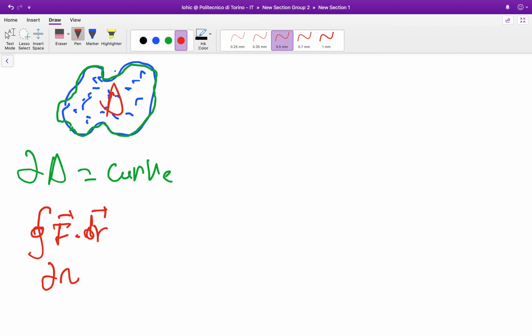This is the integral of the vector field on the curve, yes or not?